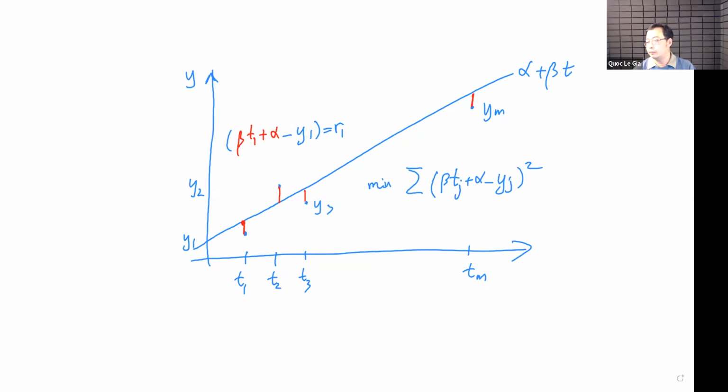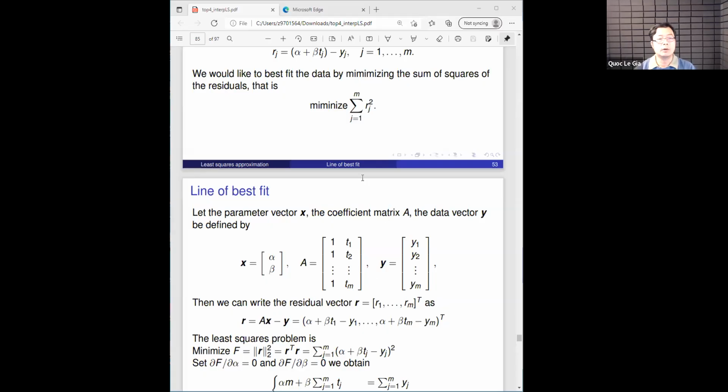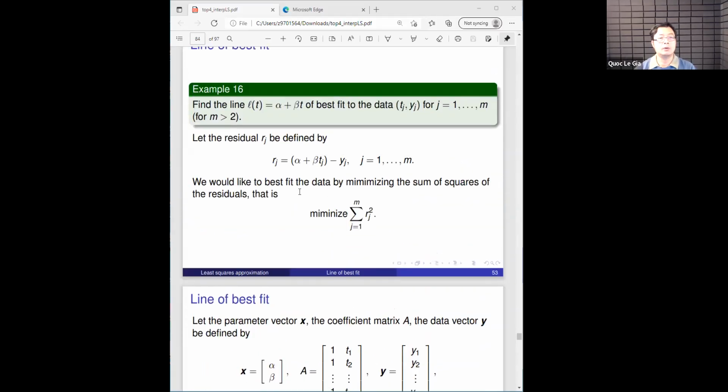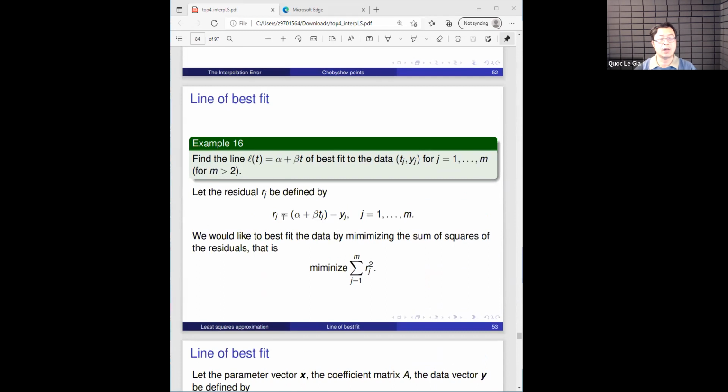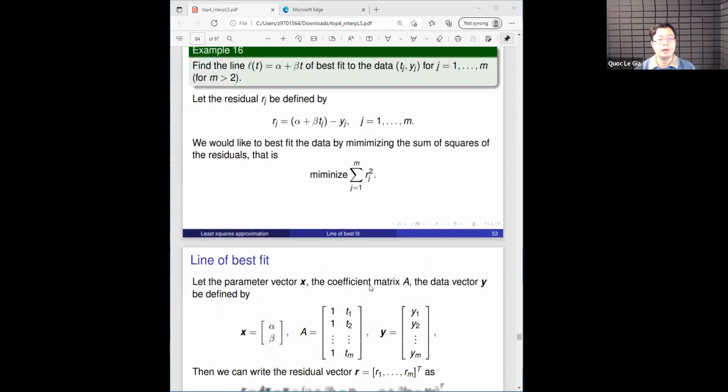So how do we find the line? I show you the calculation here. The residual Rj is just alpha plus beta Tj minus Yj, and we minimize the sum of Rj squared.